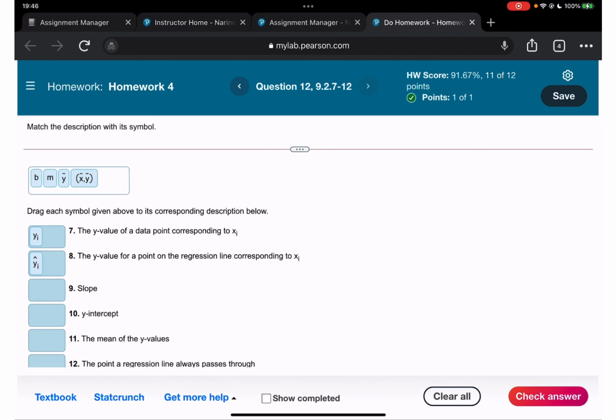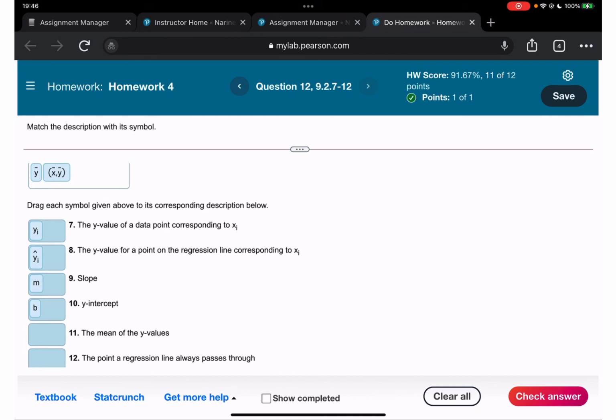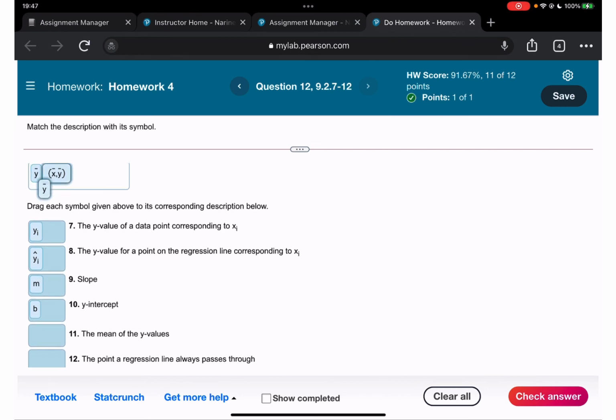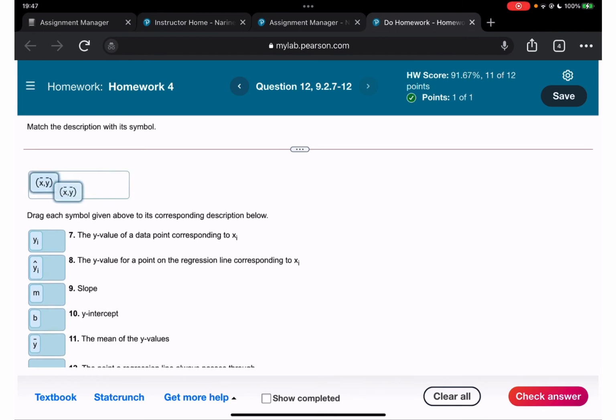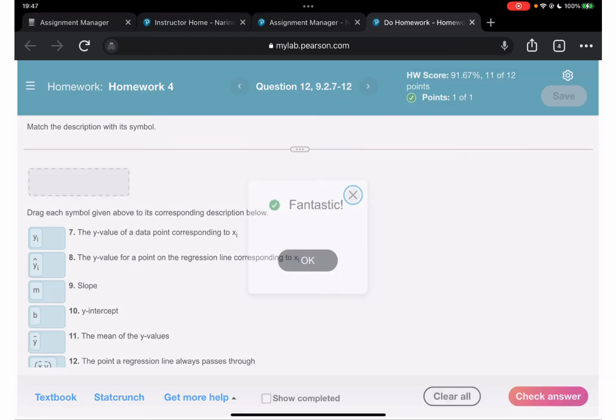Slope is going to be m. Y-intercept is going to be b. Mean is y bar. And the last one, the point of regression, is the x bar, y bar coordinate. Fantastic.